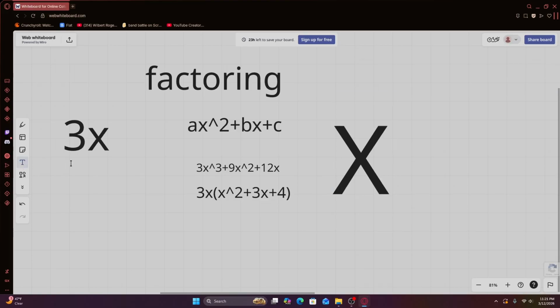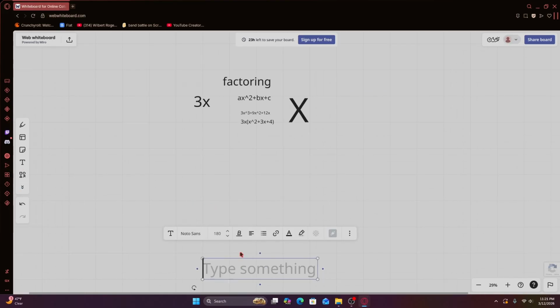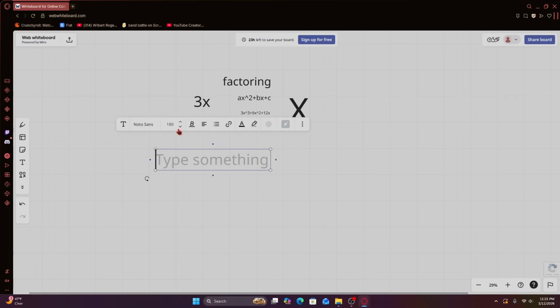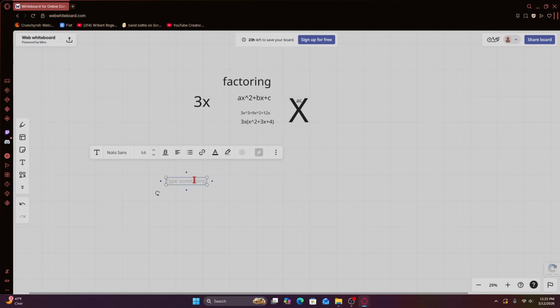So, what we can do is we can take a times c and we put it at the top, and we get b at the bottom.